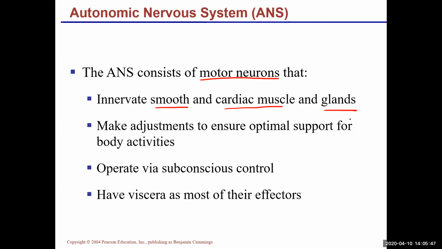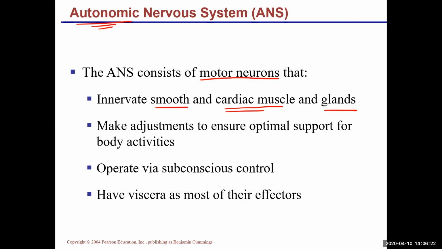So notice that if you exercise, or if you get scared, or if there is an emergency, your heart rate automatically is going to go up. You don't have any control over it, versus in the somatic nervous system, where you had control over it. In other words, when you hear a siren, you have control over your muscles, whether to pull over or not. And in fact, some people continue driving.